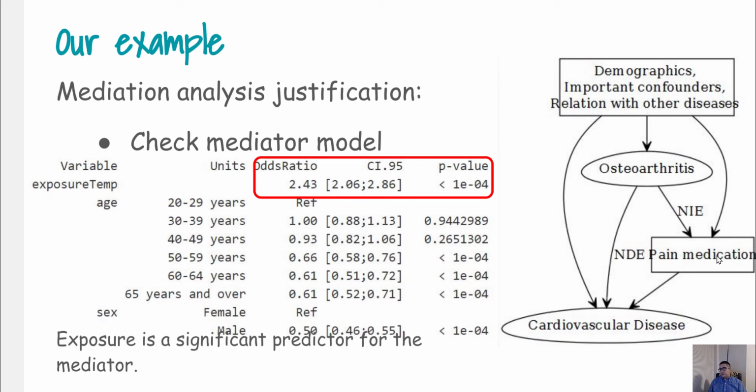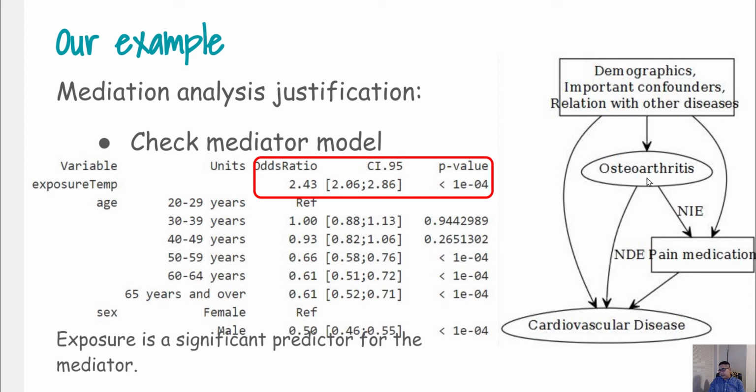And one way to do that would be to run a regression with the mediator variable as the outcome variable, and the exposure variable would be osteoarthritis, adjusting for all of the other confounders, and see whether there is still any relationship between osteoarthritis and pain medication after adjusting for the confounders, right?